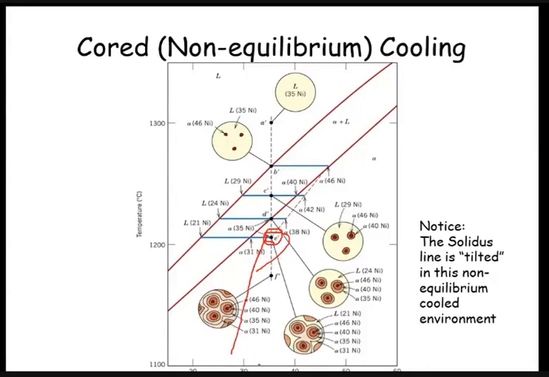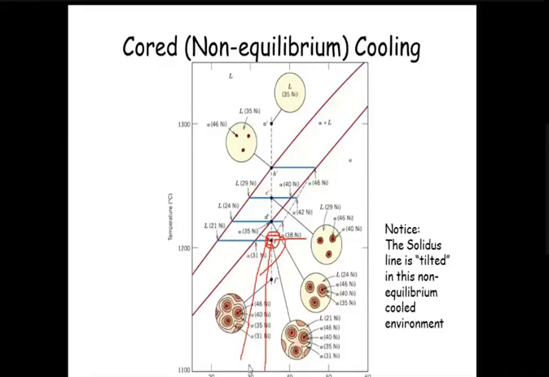From 35 weight percent nickel, we will heat this alloy. After coring, we know that it is a heterogeneous structure now, because the chemical composition changes as the point changes.